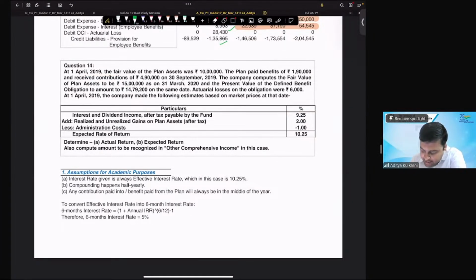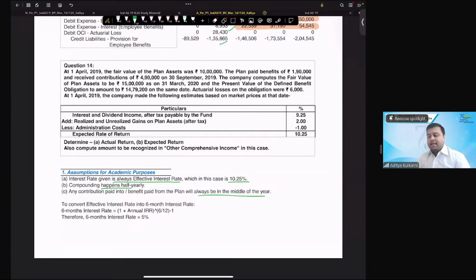One, interest rate given is always effective interest rate, which is 10.25%. And these are reasonably logical assumptions. Compounding happens half yearly. And finally, any contribution paid into or benefit paid from the plan will always be in the middle of the year.